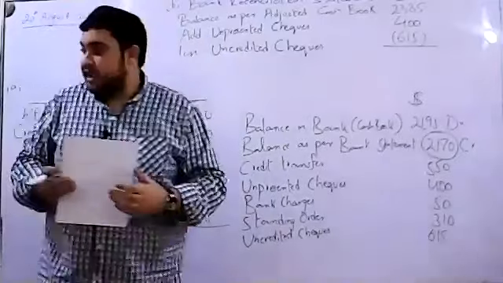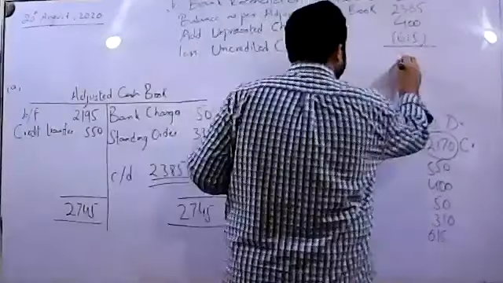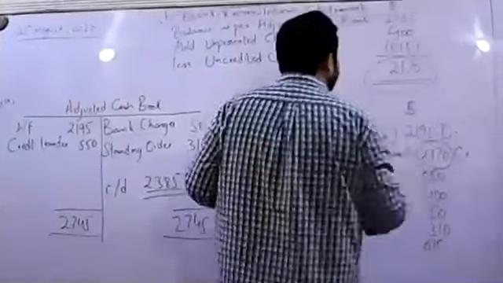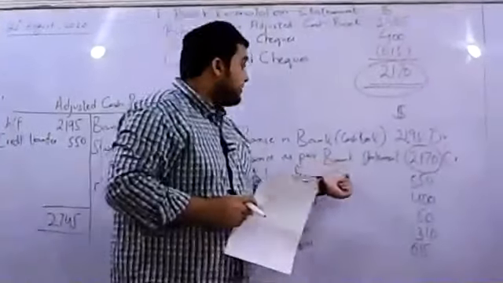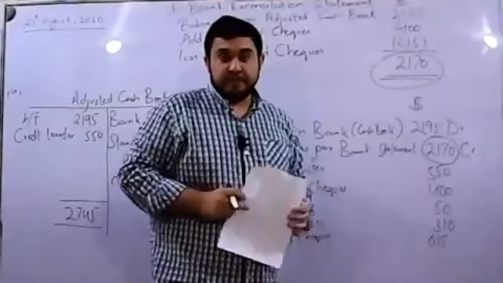Now let's see what the answer is after we add unpresented checks to the balance as per adjusted cash book, and deduct the uncredited checks from it. You can all apply the calculation and see that the balance we have found after these calculations is 2170. That is now equal to the balance as per the bank statement.